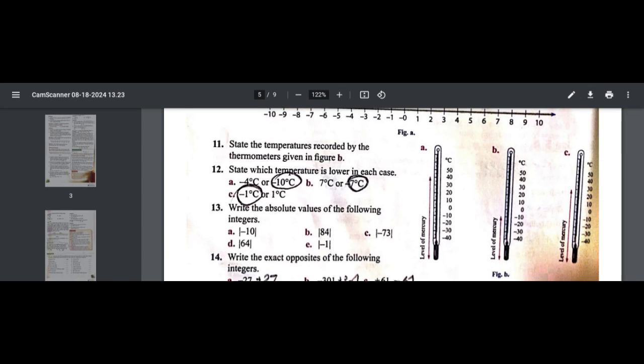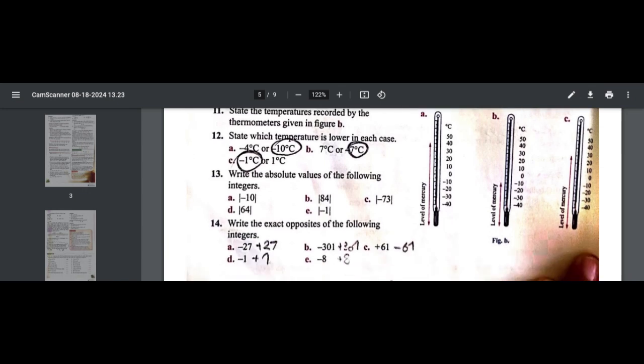So, move to the next question, question number 13. Absolute values. I told you how we have to find the absolute values. Write the absolute values of the following integers. If any integer is enclosed in bar lines and has the negative sign, we have to find the absolute value.